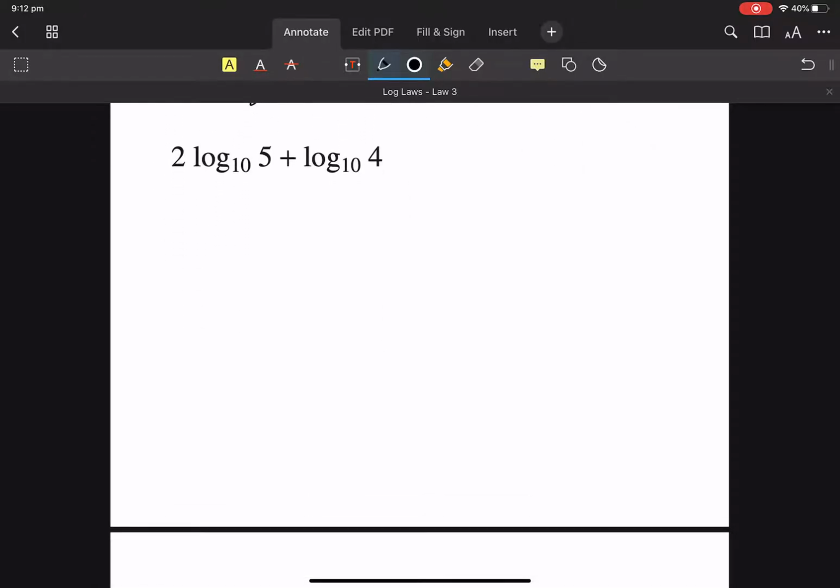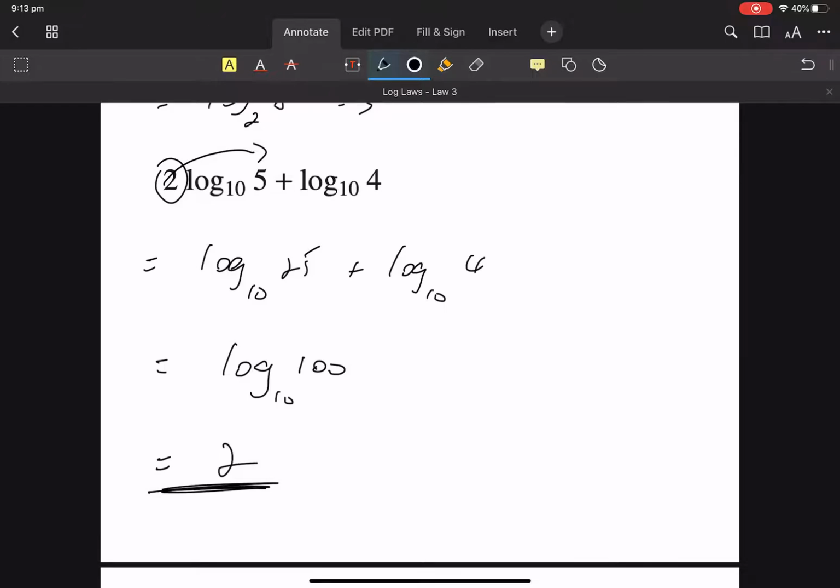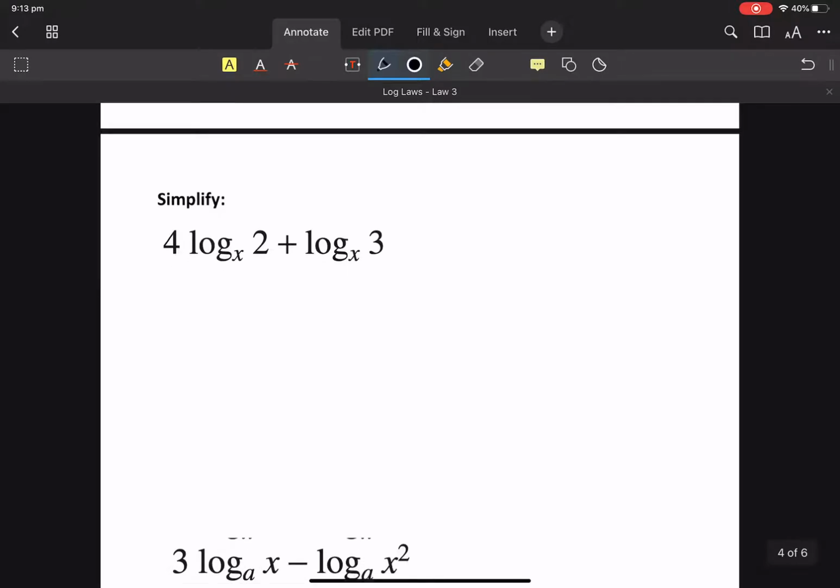Again, we cannot apply a log law with a coefficient, so that 2 has to go up there. And 5 squared is 25. Apply that log law. 25 times 4 is 100, and that's going to be 2 because 10 squared is 100. So again, you got the application of this third law in amongst applying law 1 and 2.